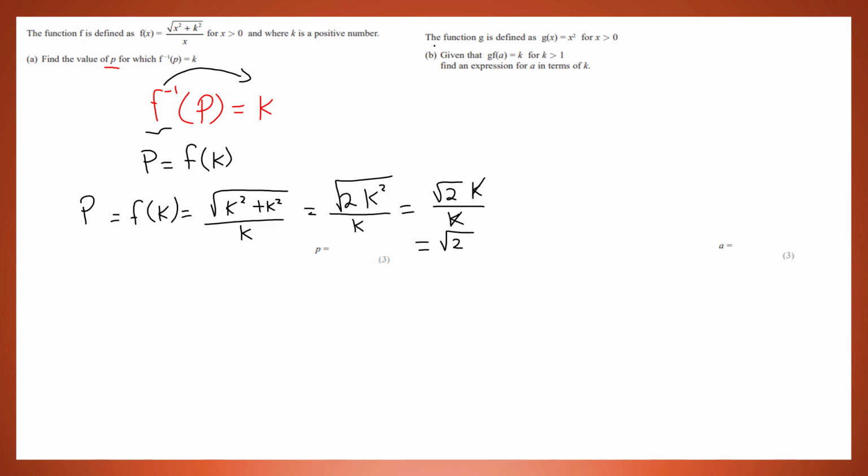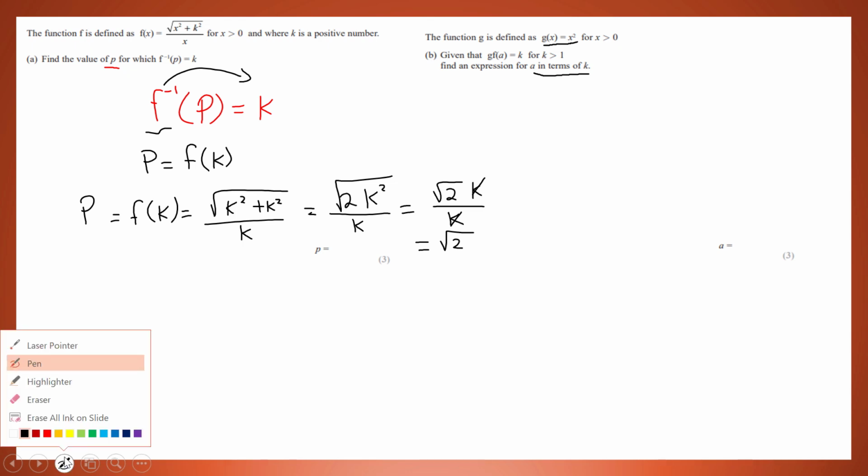Let's see part 2. The function g is defined as g of x equals x squared, where x is greater than 0, given that gf of a, which is the composition of a, is equal to k. Find an expression for a in terms of k. So we need to find a in terms of k.